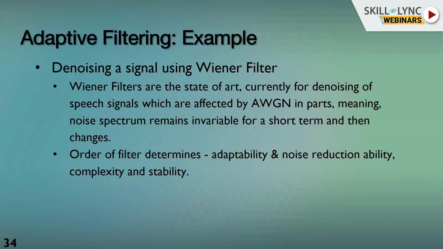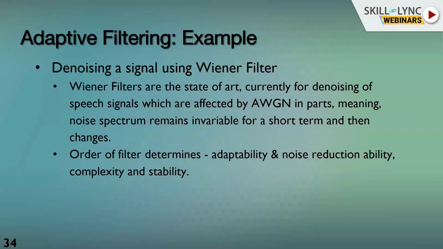It's like a multipath fading scenario where the channel response is changing with time, and the filter has to adapt to the channel. Or in a speech signal, like I'm speaking and there is some background noise which is changing with time, and the laptop or the microphone has to implement some adaptive filtering to continuously cancel out the noise.